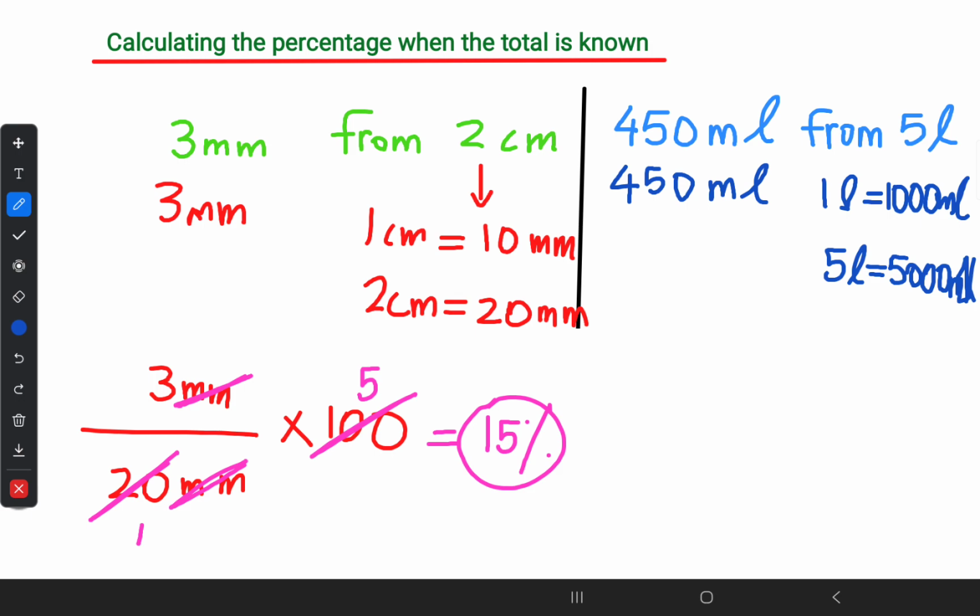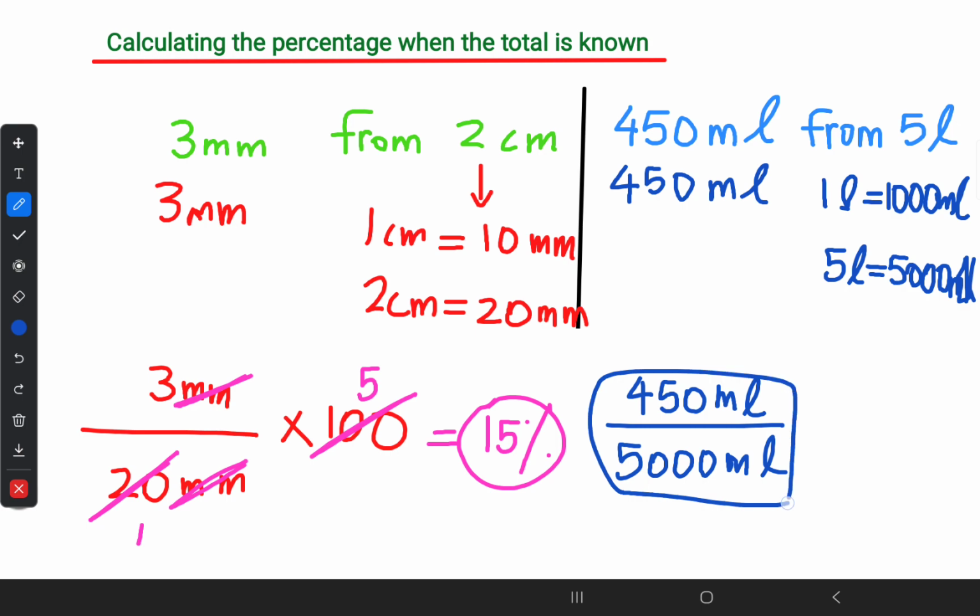Thereafter, let's construct the fraction. 450 milliliters in the numerator. The total is 5 liters, that means 5000 milliliters. Don't forget to do the conversion before writing it as a fraction. You cannot write the fraction with different units, multiplied with 100.